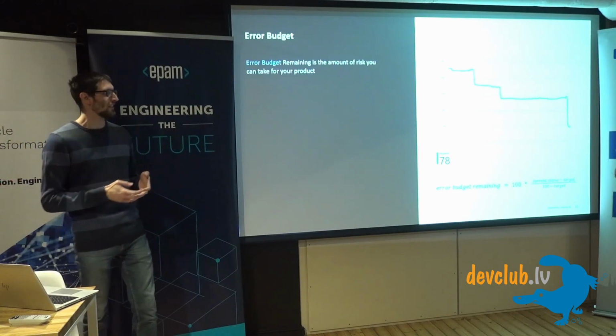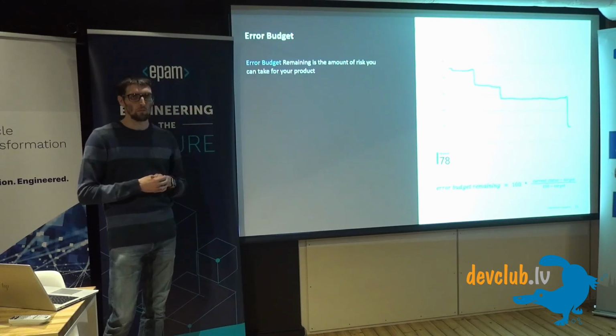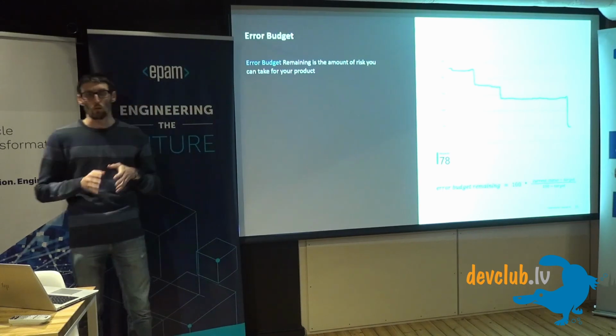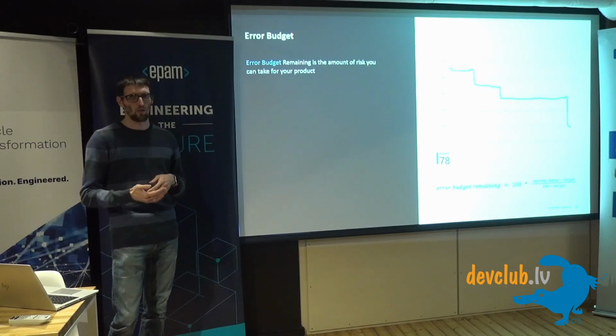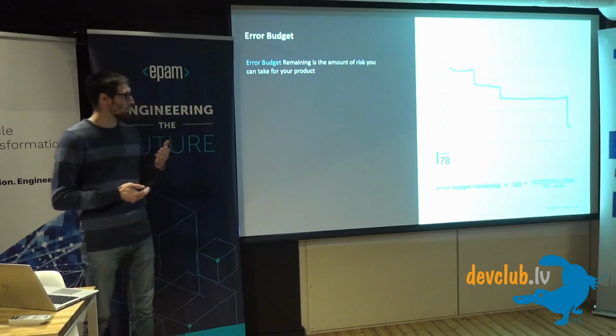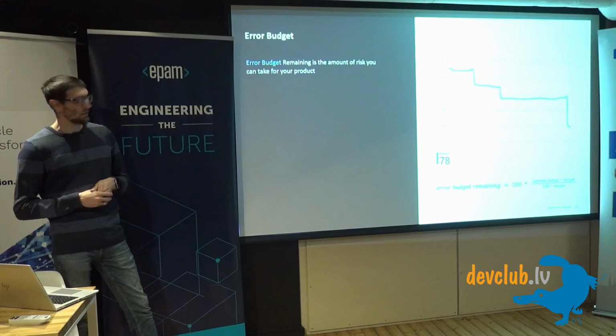To release some big release is not a great idea, because if something goes wrong, our users will be not happy and angry. So it's a pretty good metric for decision making, I would say.